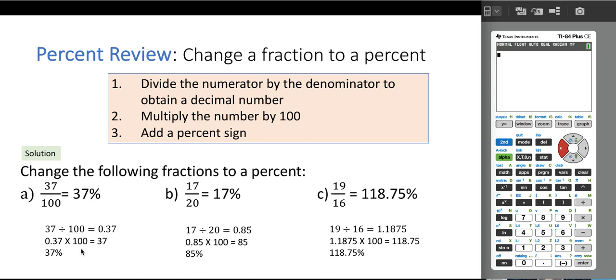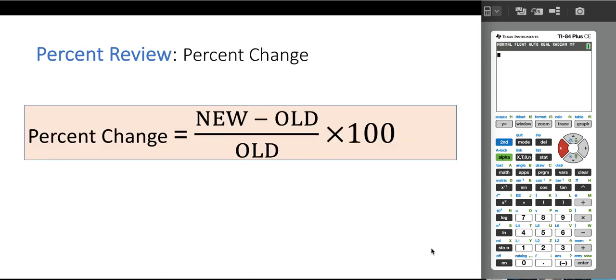And did you get the same answers? 37 over 100 is the same as 37%. 17/20, when you do the division, you get 0.85, that's 85%. And 19 over 16 is 118.75%. Hopefully this is a lot of review for you.